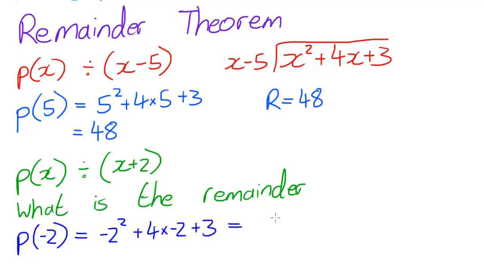And that is going to be equal to 4, minus 8, plus 3. So that is going to be equal to minus 1. So the remainder when we divide by x plus 2 is going to be minus 1. So that's the remainder theorem. Hopefully you got that in a nutshell.